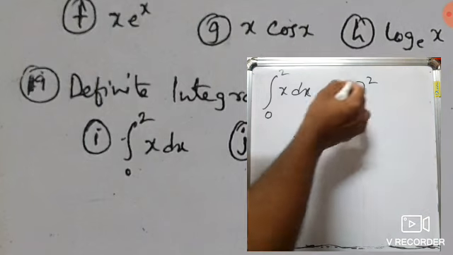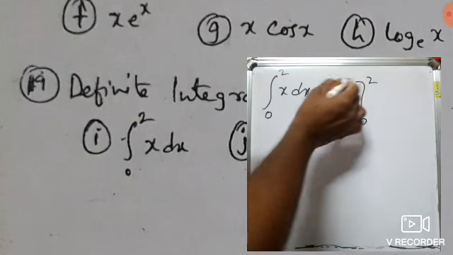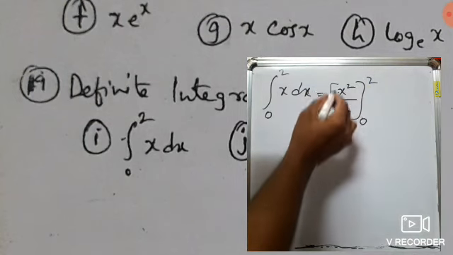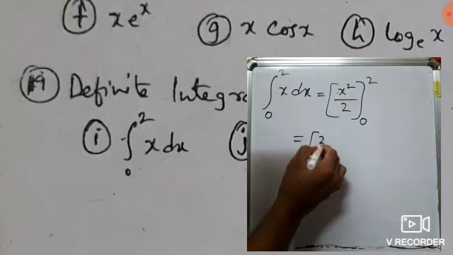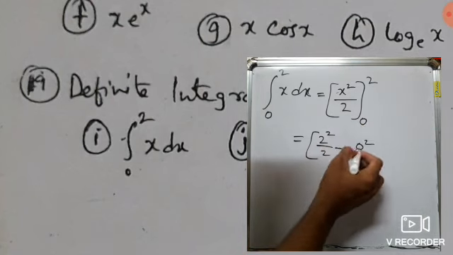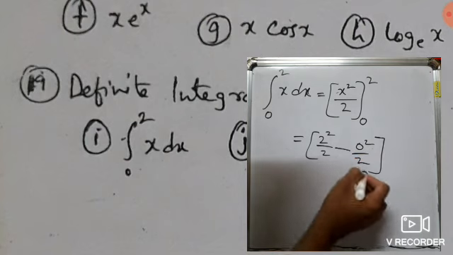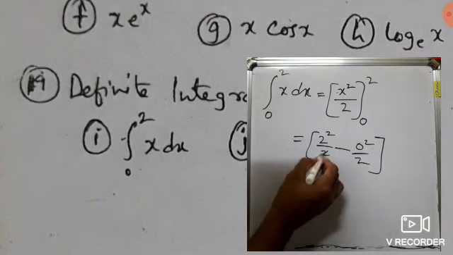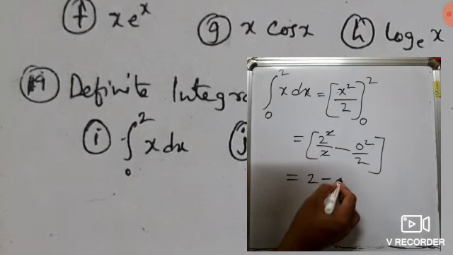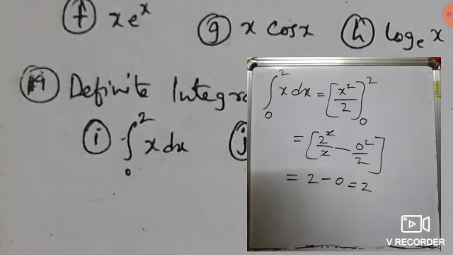And what is the technique? First we will put the value of the upper limit here like this. Value of x will be 2, so it is 2 square by 2, minus the value of the lower limit, means 0 square by 2. So the answer will be 2 minus 0, means the answer is 2.